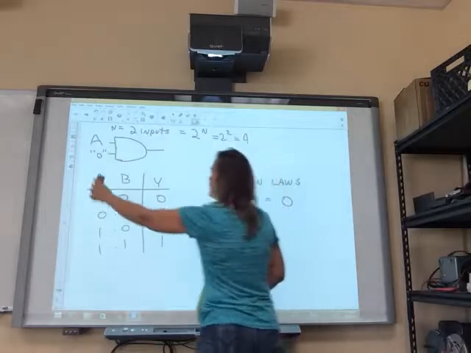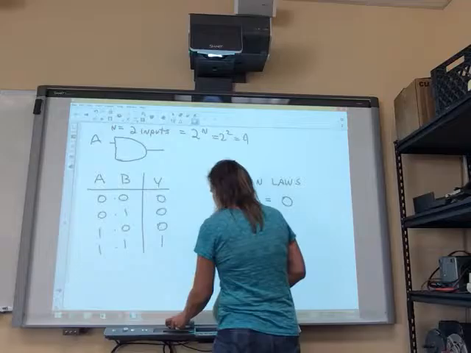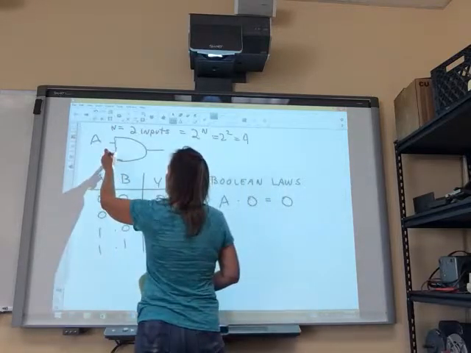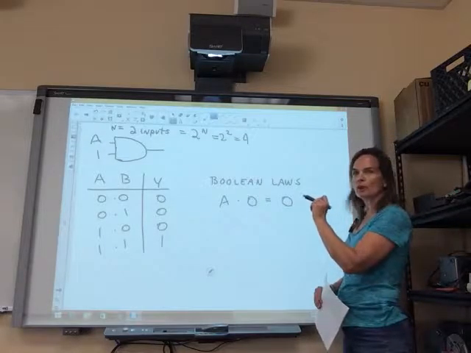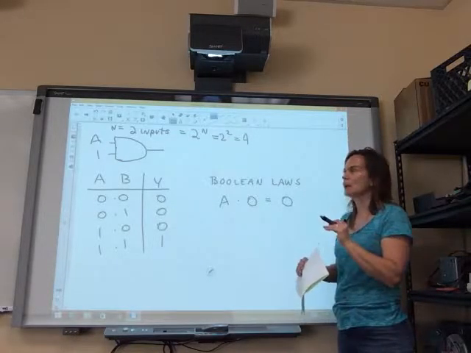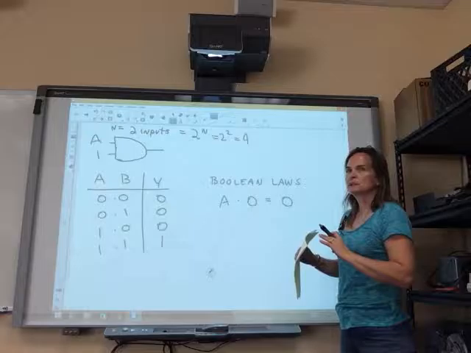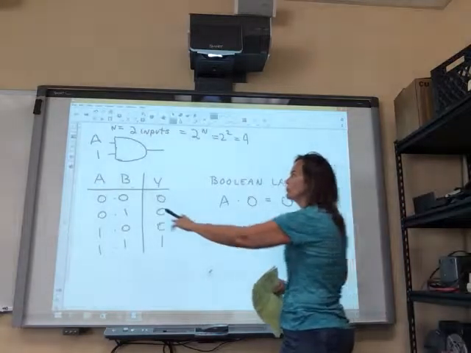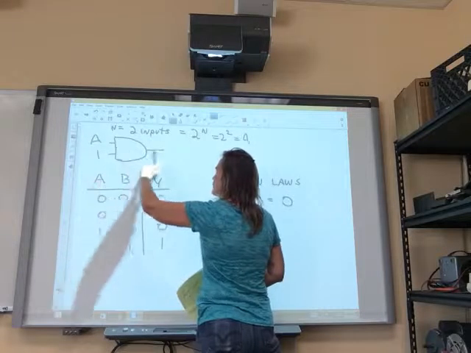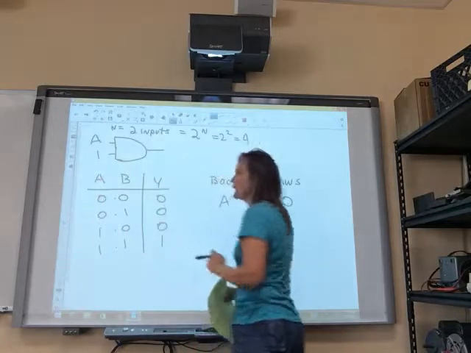Now let's say that the B input is always high. If the B input is high, remember we have to get both inputs high to get a high output. So if B is always high, then the output really depends on what A is.